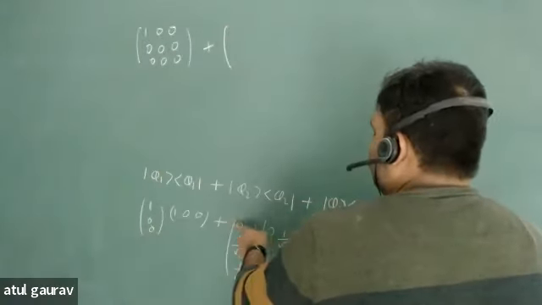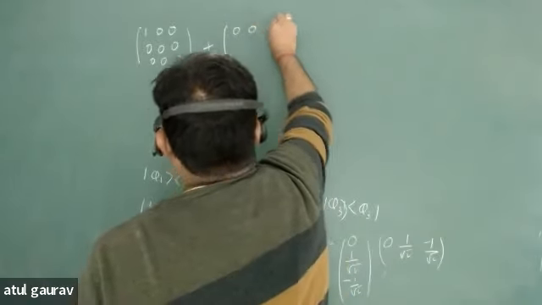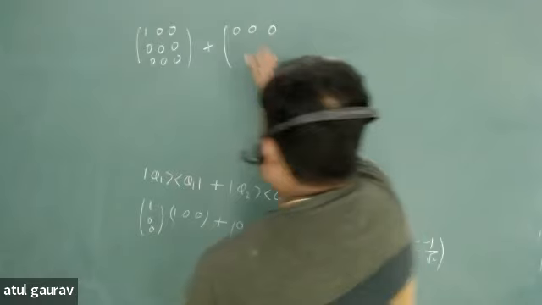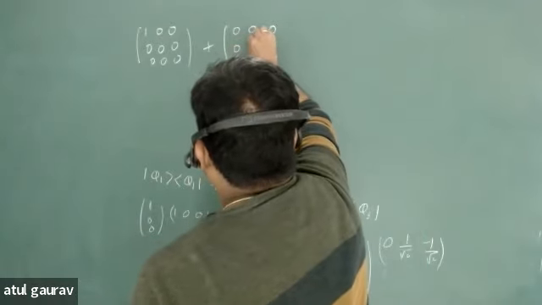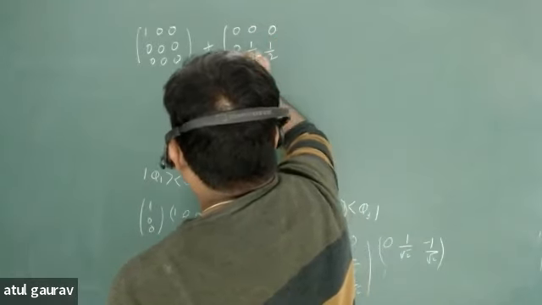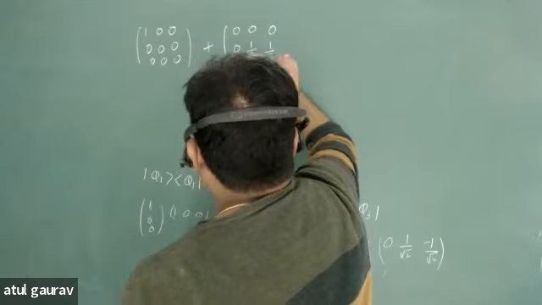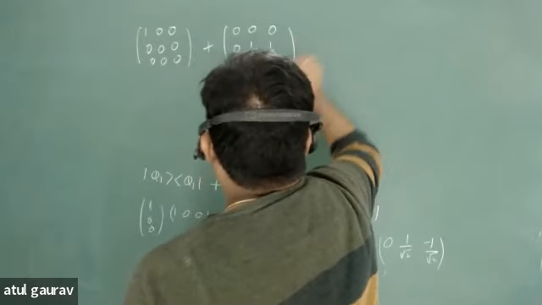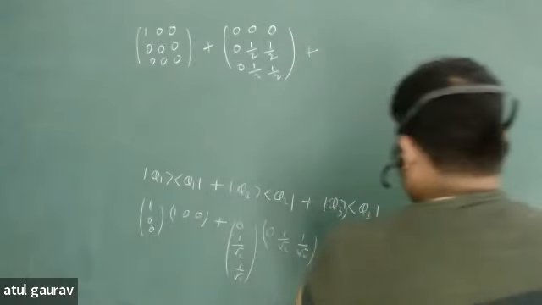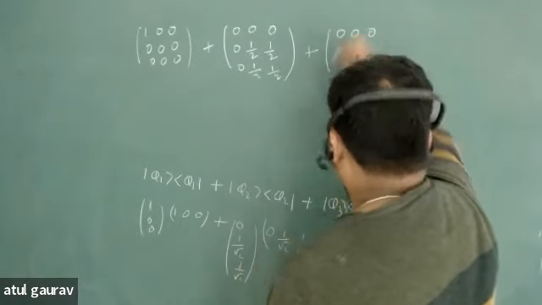So the first term will be 0, 0. The second one is 0, 0. This one is 1 by 2, this one is 1 by 2, this one is 0. This one is half, half. This one is half, half. Plus, let's go for this one: 0, 0, this will be 0.